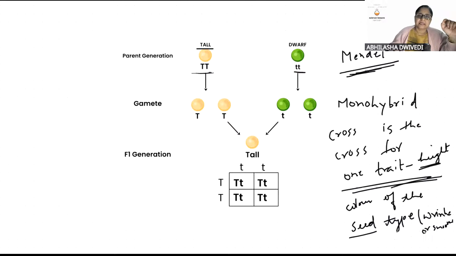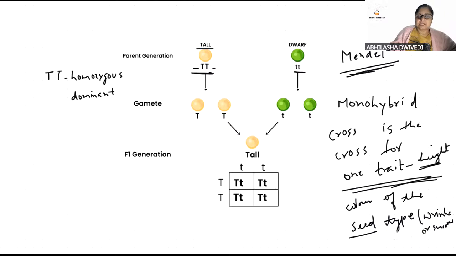Got it? So these are both alleles. When we are writing TT, this is what? Homozygous dominant. Why homozygous?